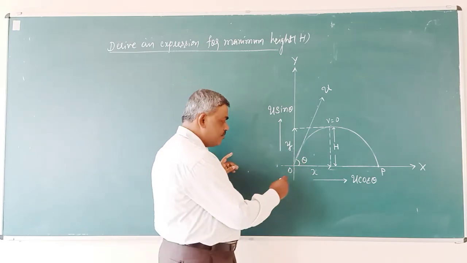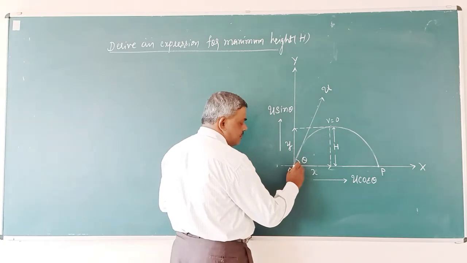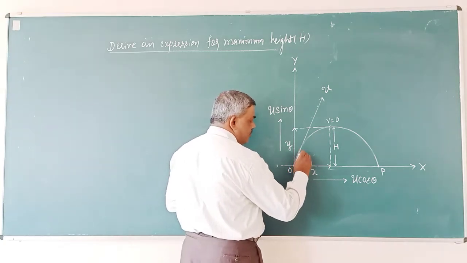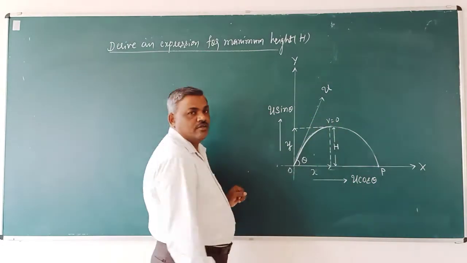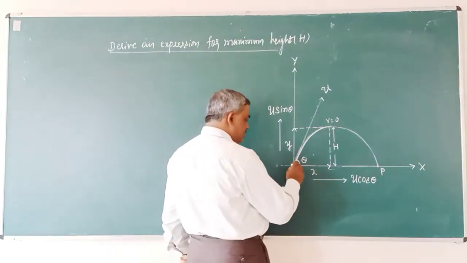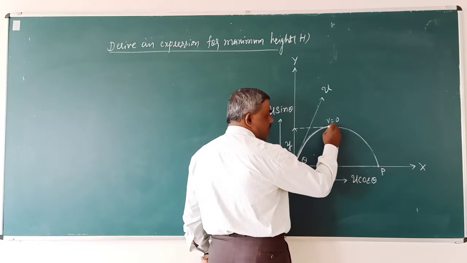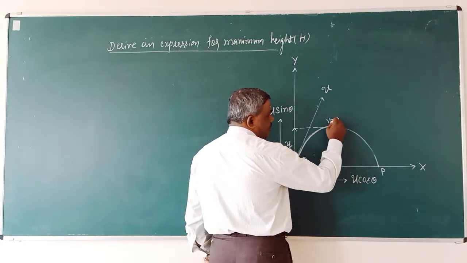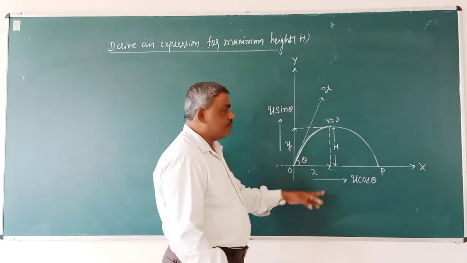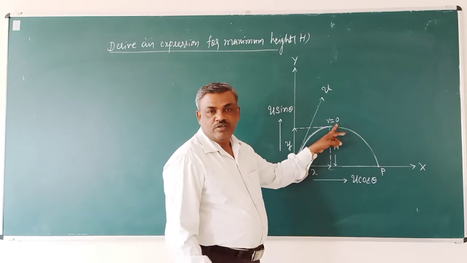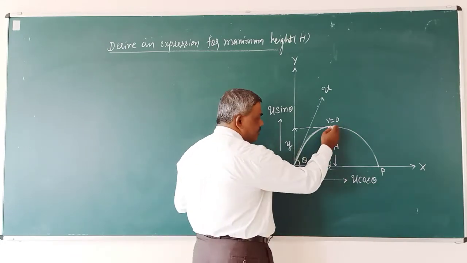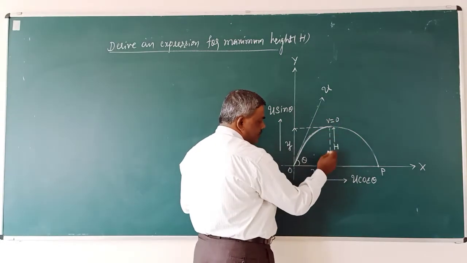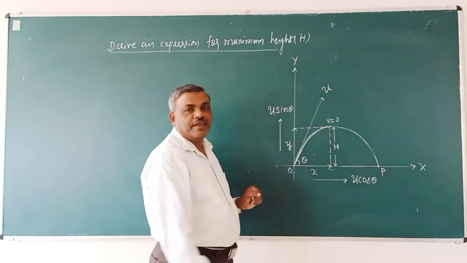Students, now we observe the maximum vertical distance traveled by the body. After the vertical component of velocity v equals 0, the body comes back to the ground. This point, from here to the earth's surface, is the maximum height.